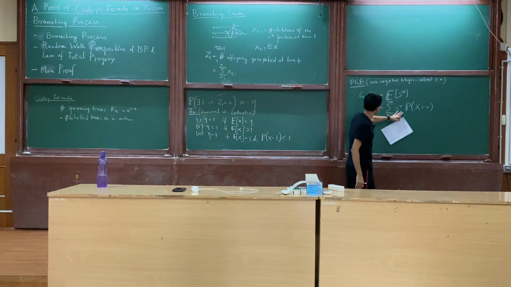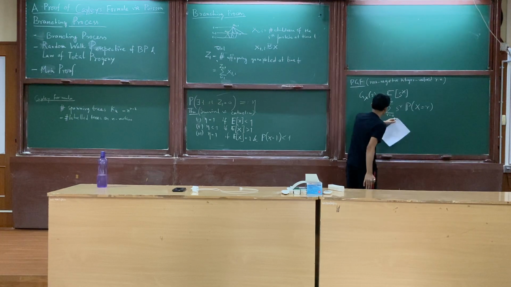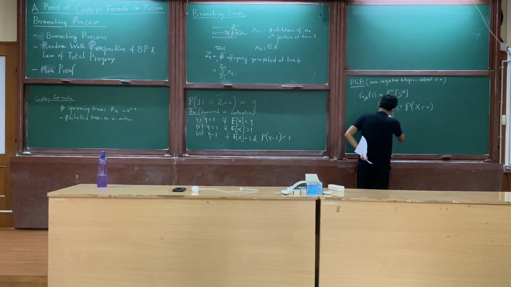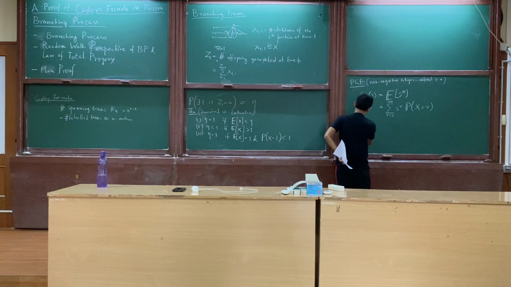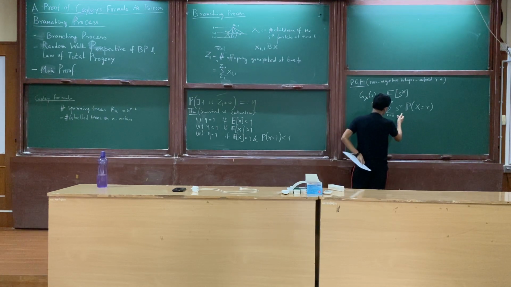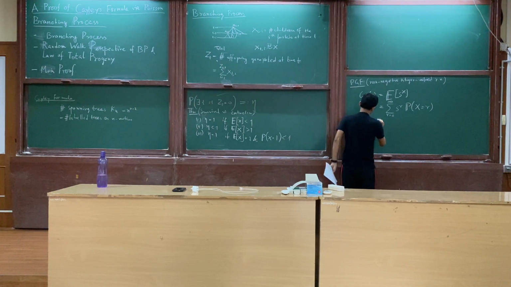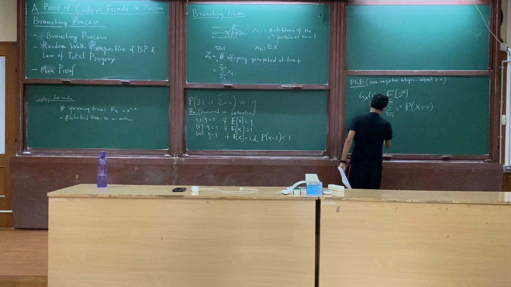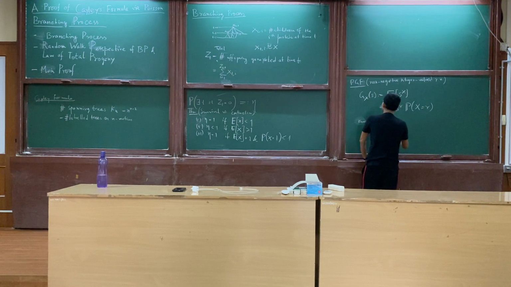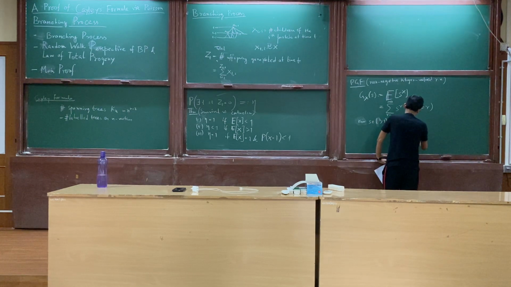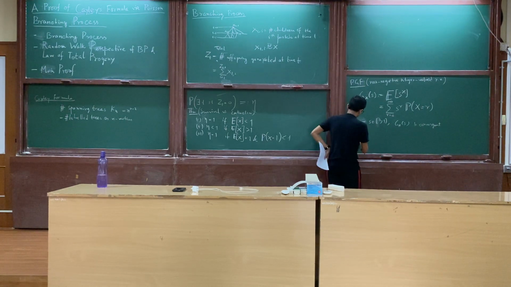You see that this actually looks like a generating function, and we can check its convergence for s from 0 to 1. This actually converges. It's easy to check that G_X is convergent. Now look at this.